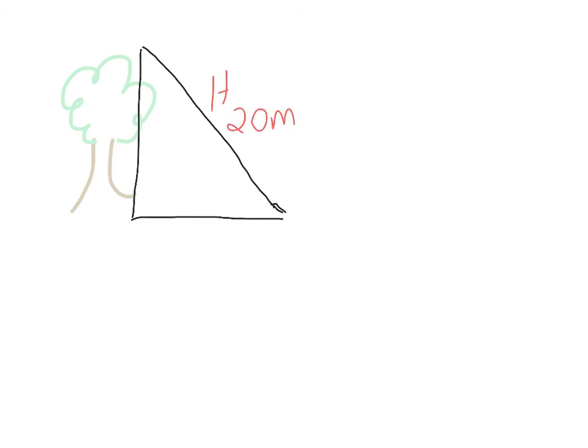We also know the angle from where we're standing to the tree is 45 degrees. We still need to know how tall this tree is. We want to know what the opposite is. This is the opposite, and we don't know what that is.